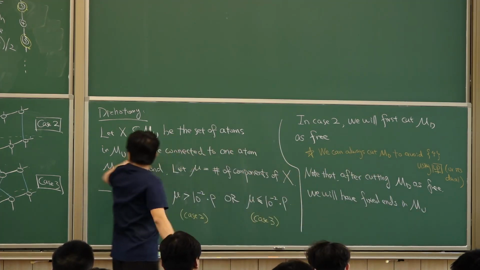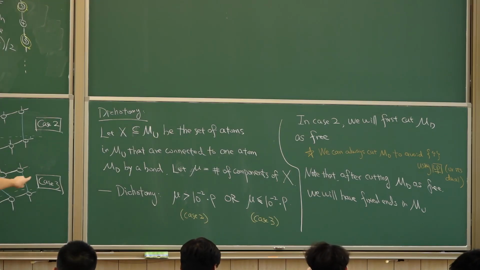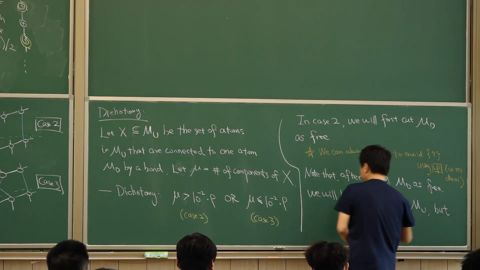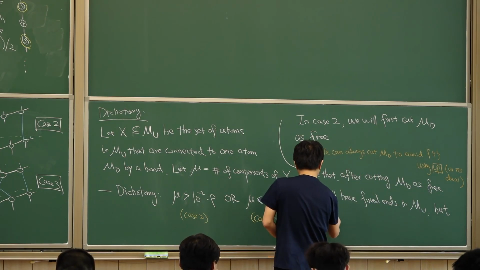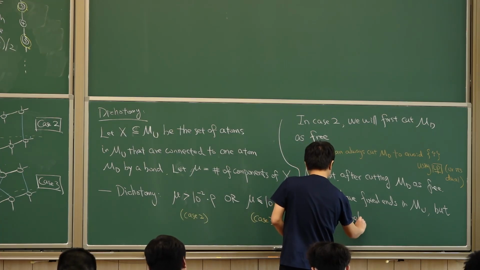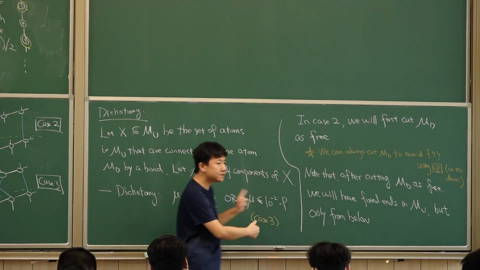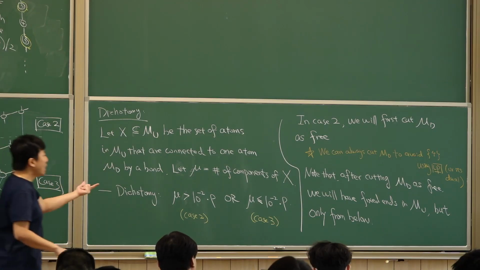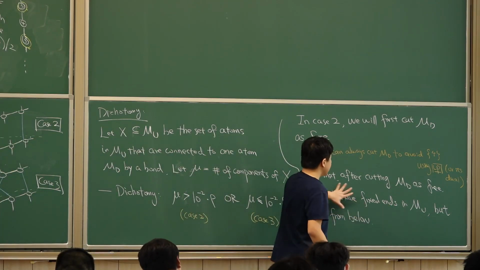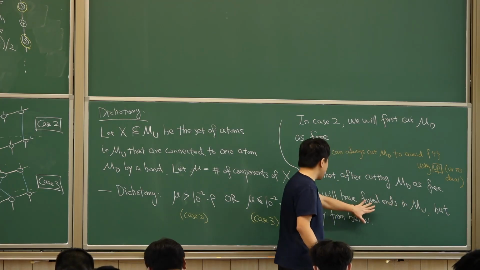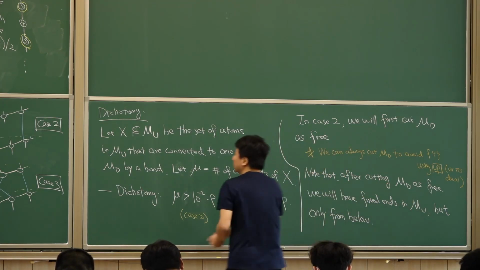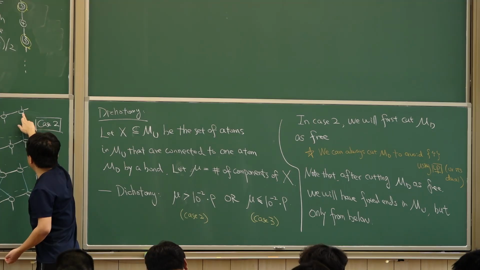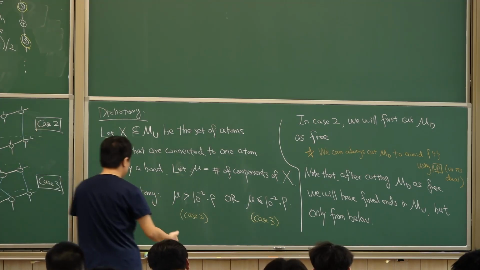However, since MU is always above MD, these fixed ends are always from below. This is a good thing, because remember, we can apply the up algorithm to any molecule with no fixed ends from above, and this is what happens with MU. MU has fixed ends but only from below because they're coming from MD. If you cut this, you create a fixed end here, but this is a fixed end from below.